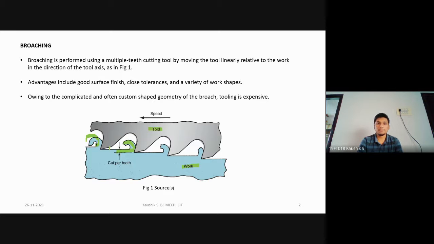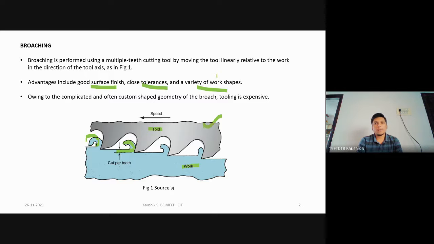This tool is called the broach, and the machine tool is called the broaching machine. This is one of the very productive machining processes. Some of the advantages include good surface finish, close tolerances, and a variety of work shapes can be machined using this broaching technique.